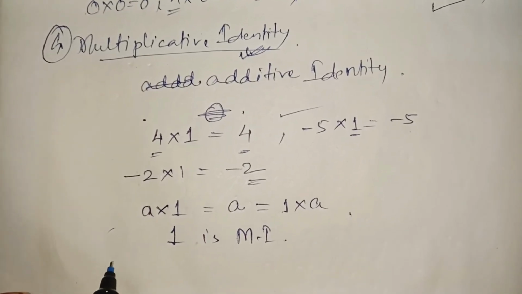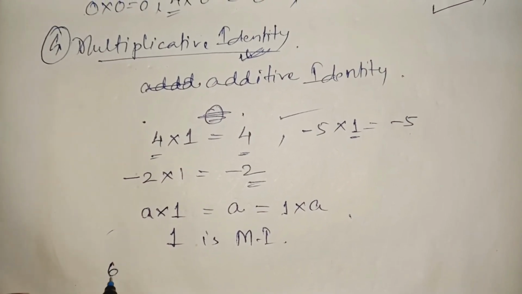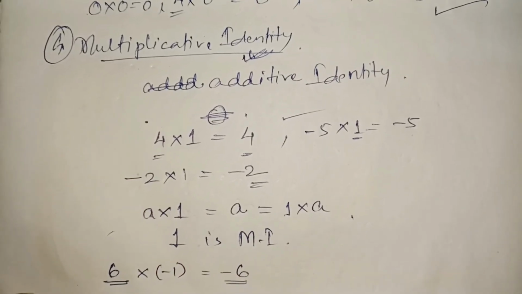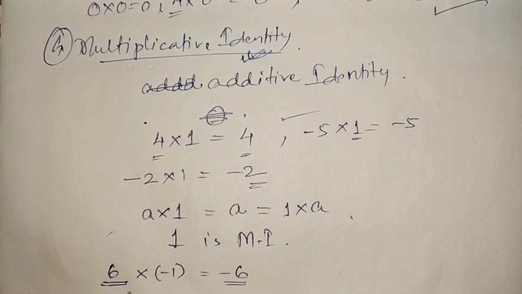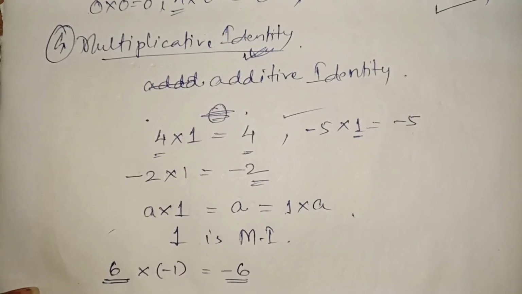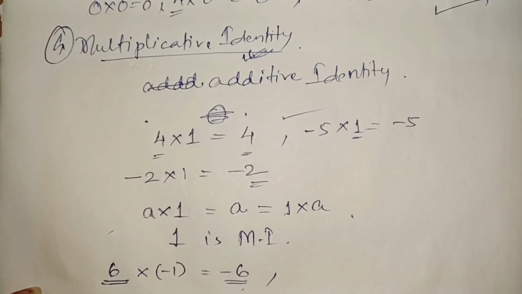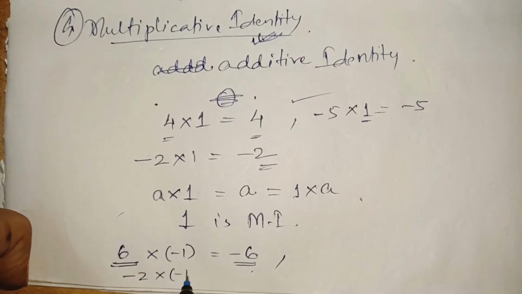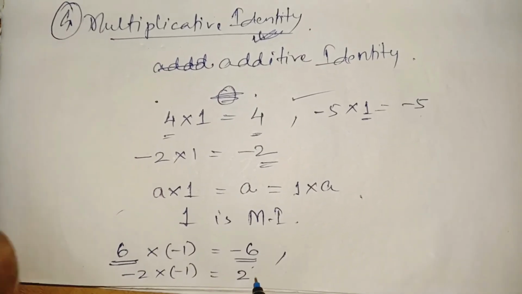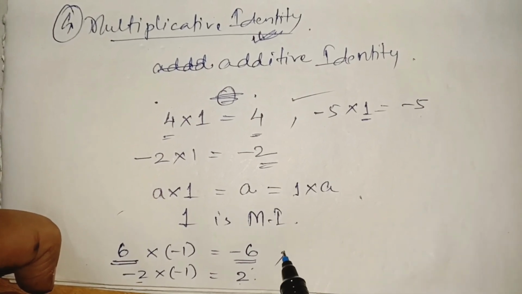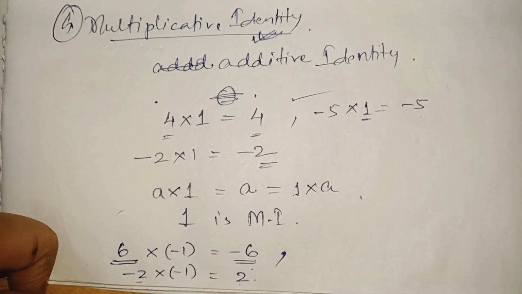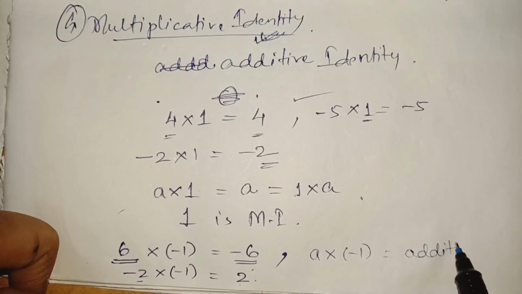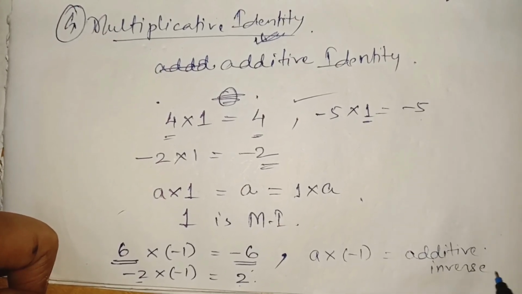See, हम अगर किसी भी नंबर को, जैसे कि सपोज 6 है और हमें इसका एडिटिव इन्वर्स चाहिए, तो अगर हम इसे -1 से मल्टीप्लाई करेंगे तो हमें इसका एडिटिव इन्वर्स मिल जाएगा. अब एडिटिव इन्वर्स क्या है, आई हैव ऑलरेडी टॉट यू इन द प्रीवियस क्लास, गो एंड चेक इट आउट. सो इससे हम ये जनरलाइज कर सकते हैं कि सपोज अगर हम यहाँ नेगेटिव इंटीजर लेते हैं, सपोज -2, अगर हम इसे -1 से इंटू करते हैं तो ये क्या आता है 2. सो हियर द एडिटिव इन्वर्स ऑफ -2 इज 2. तो आप एडिटिव इन्वर्स क्या है एक बार अगर आप भूल गए हो तो गो एंड चेक इट आउट. सो फॉर एनी इंटीजर a if we multiply it with -1 then we will get the additive inverse of that number. Okay, clear?